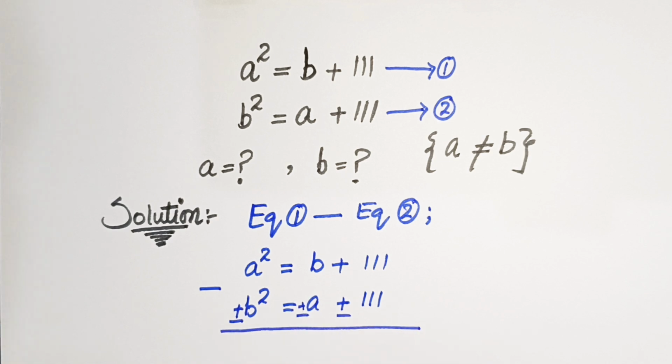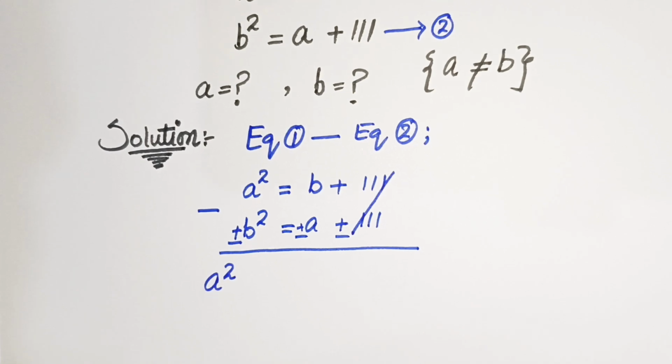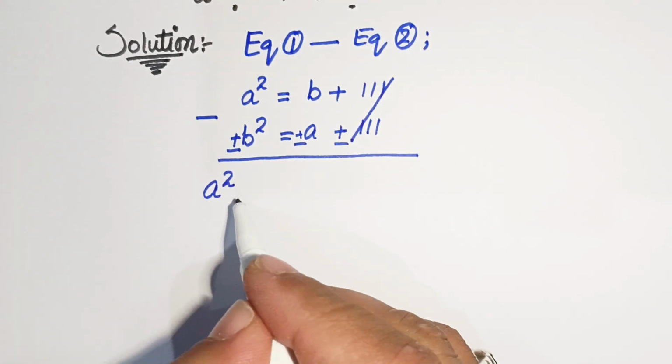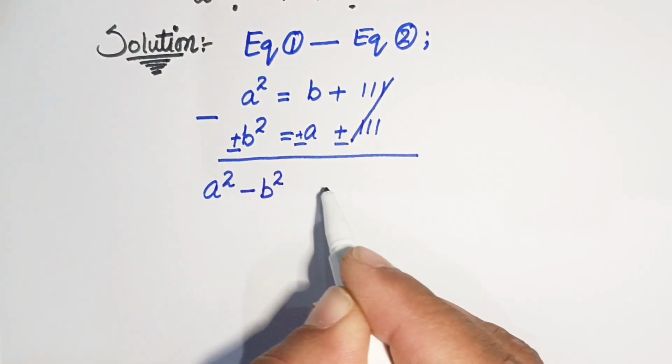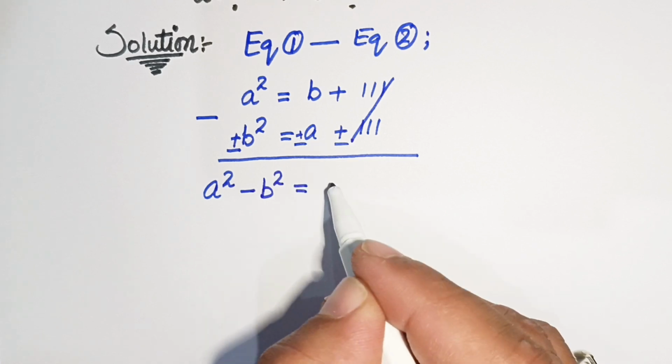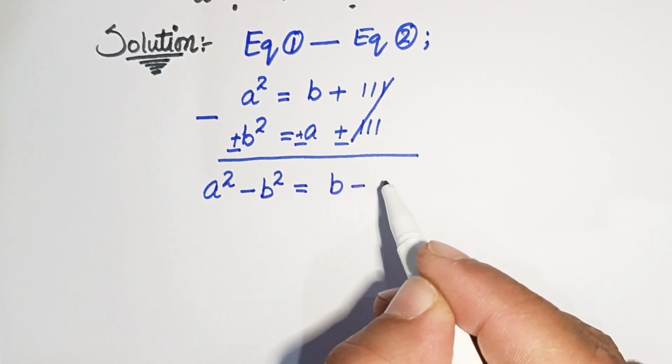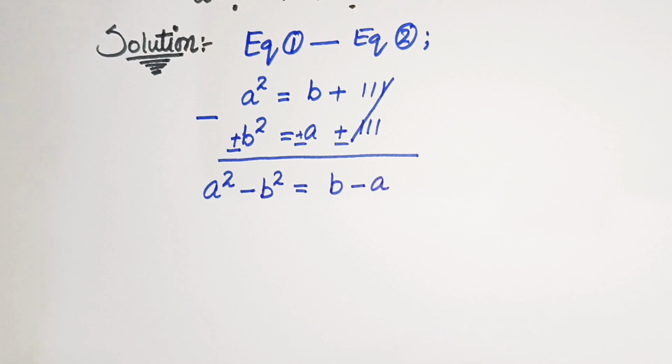So here we see that this positive 111 and negative 111 can be cancelled. So we get a squared minus b squared, which is equal to b minus a.